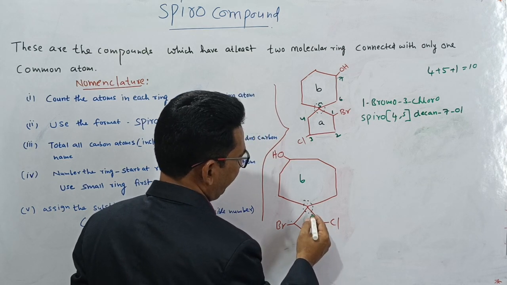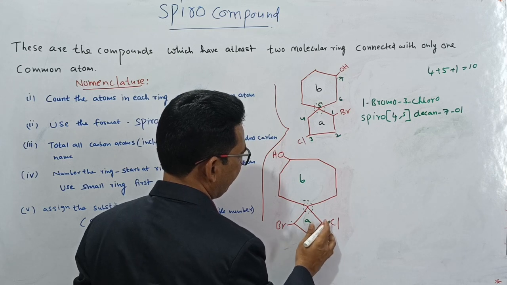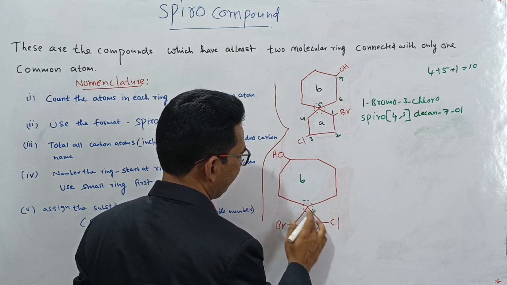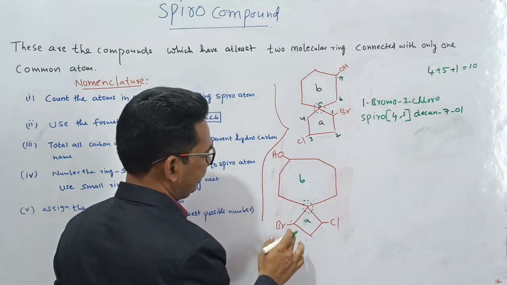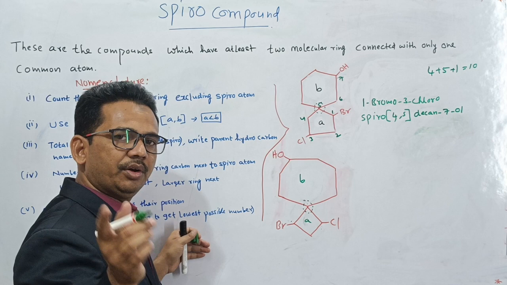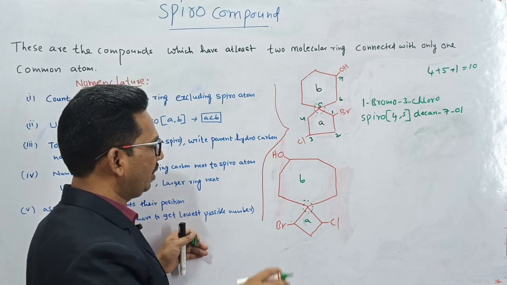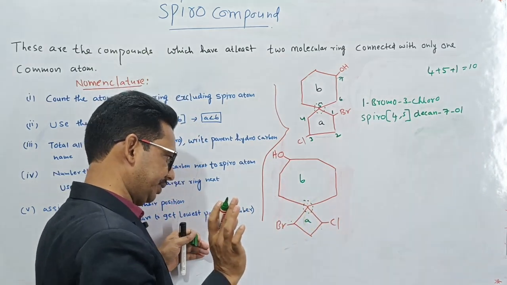From which side will you give? This side also you can give, this side also you can give. Both sides have substituents, this side 1 and this side 1. The numbering, as I already told, has to be in the smallest ring first, and that also starts after the Spiro atom.